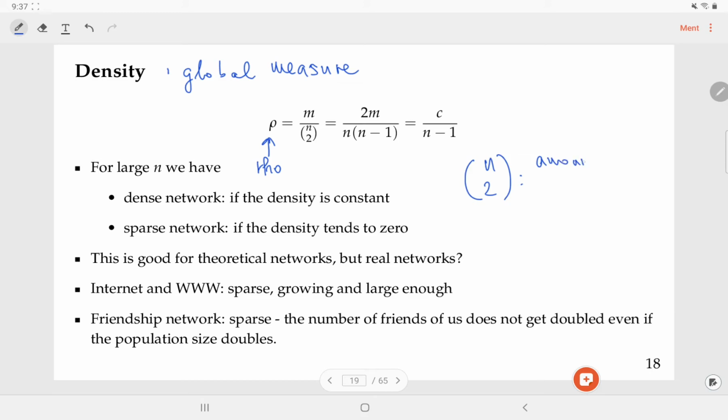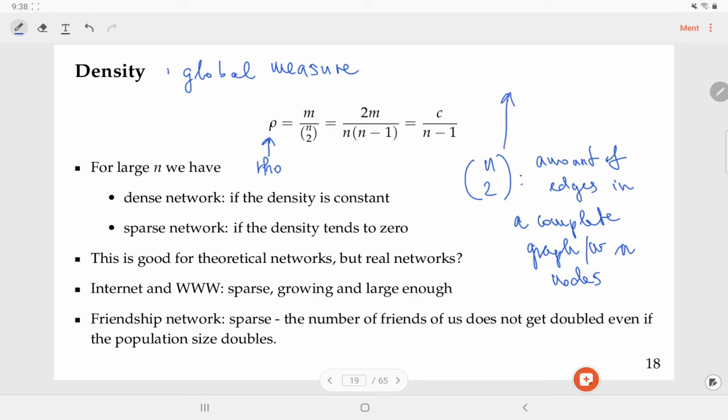The amount of edges in a complete graph with n nodes. If we have n nodes and we form a complete graph, which is a graph in which all the nodes are connected with each other, then we have this amount of edges. Of course, n choose 2 is just a notation.